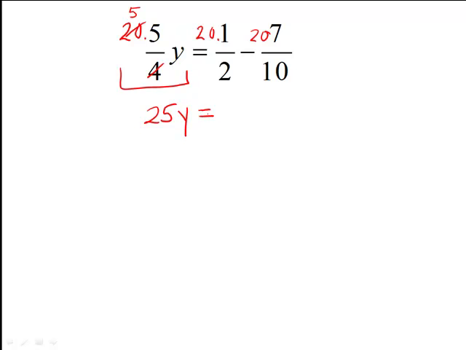Then our equals. And the next part, 2 will go into 2 one time, and into 20 it will go 10. 10 times 1 is 10. And the third part, 10 will go into 10 one time, and into 20 it will go 2 times. 2 times 7 is 14.